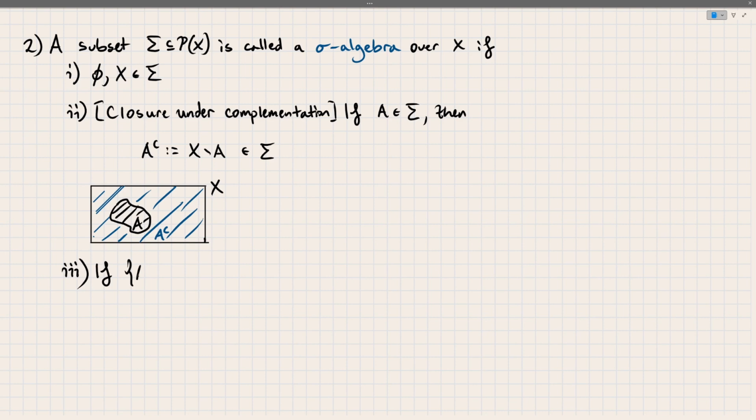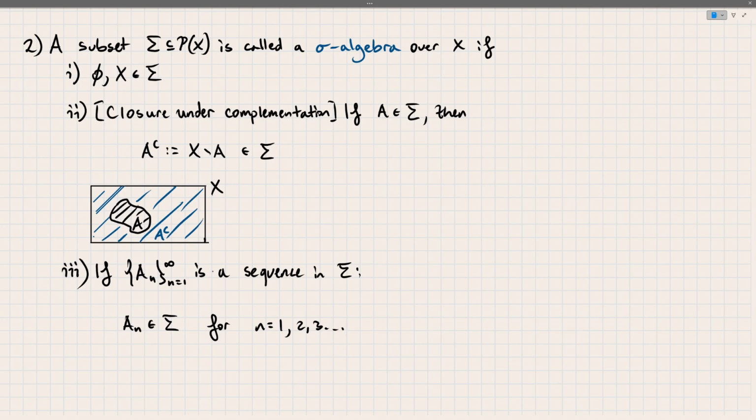So I'm given a sequence of sets. If An for n equals 1 to infinity is a countable collection of sets, a sequence in sigma, what that means is that An is an element of sigma for n equal to 1, 2, 3, and so on.